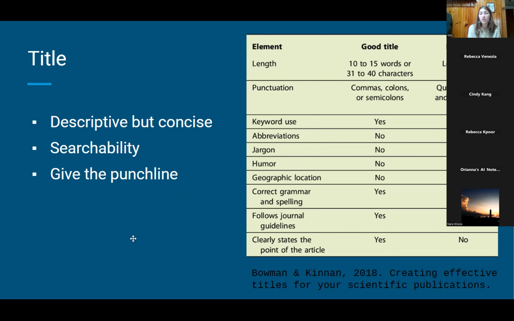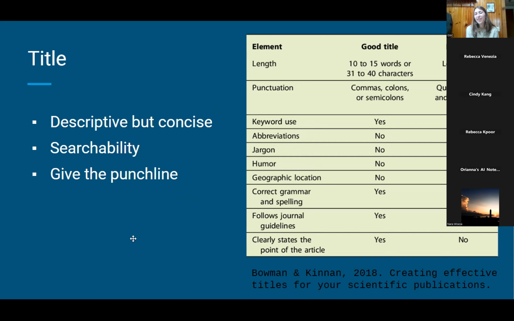Definitely try to stay away from using abbreviations or jargon. Because if you want to reach a wider audience, it could really limit people from reading further. So try to keep it jargon free and pretty friendly to a general audience.